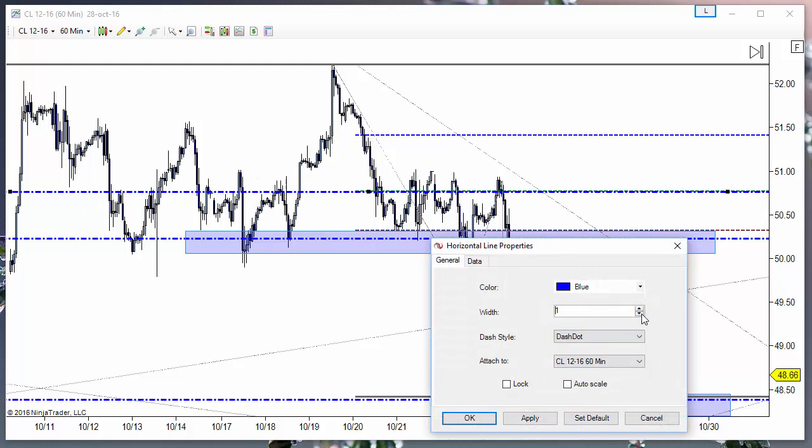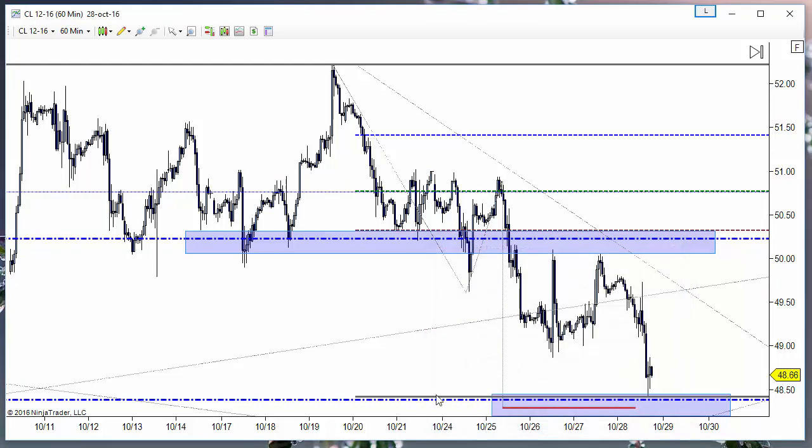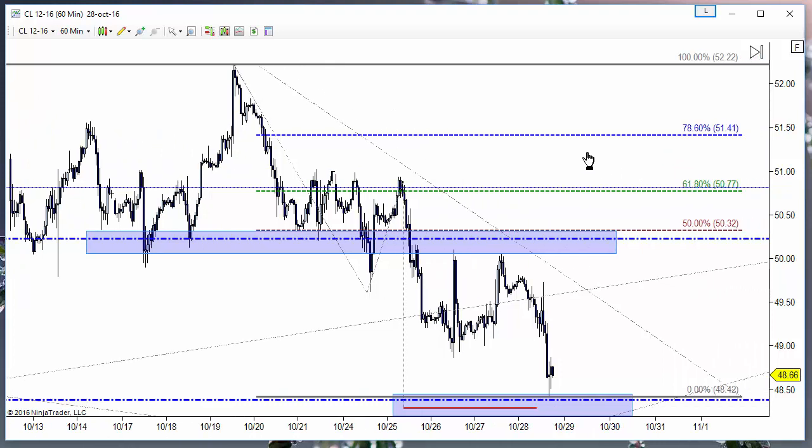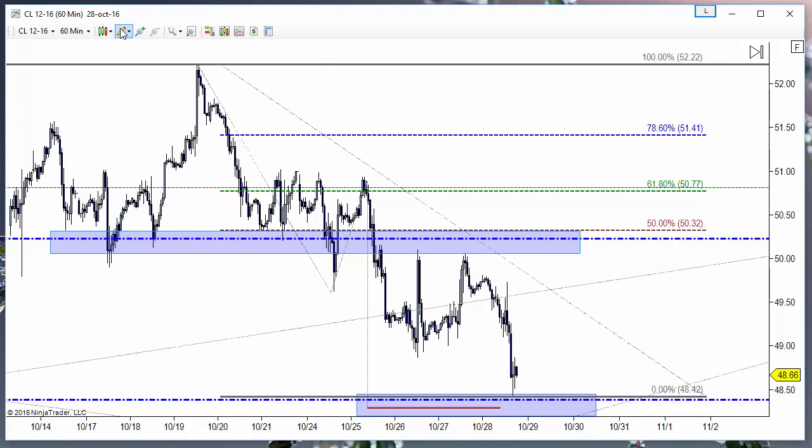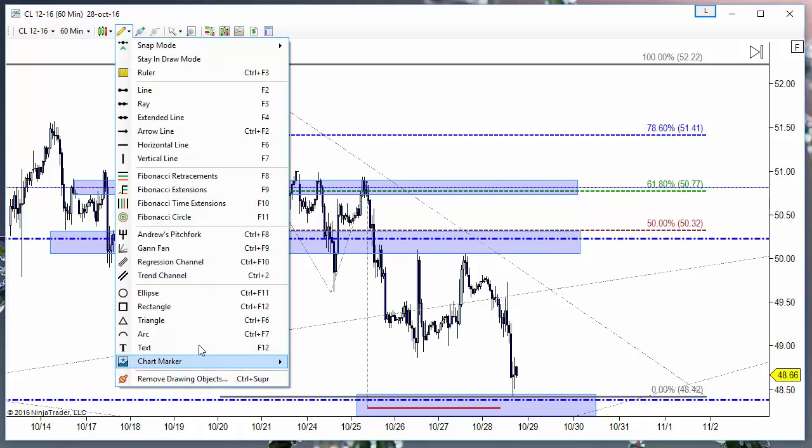We can add a horizontal line. This is a local level. And the 786 overlapping this high pivot.